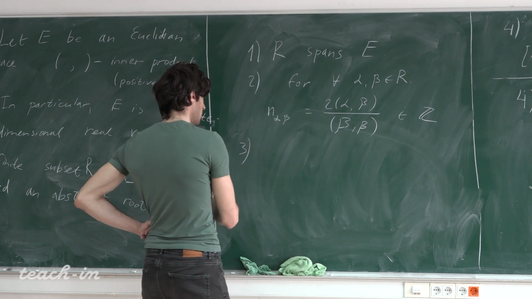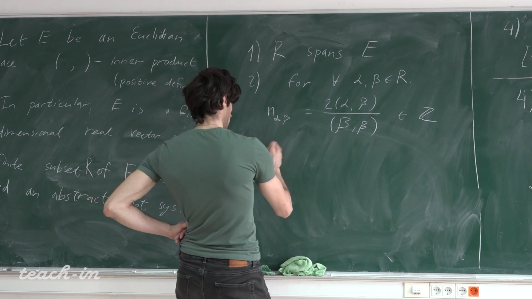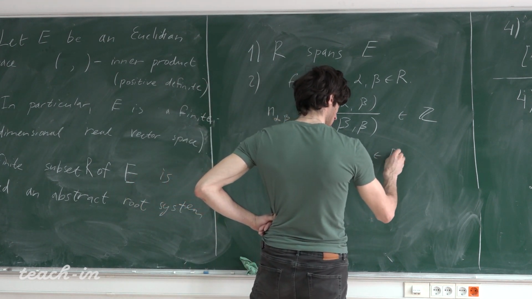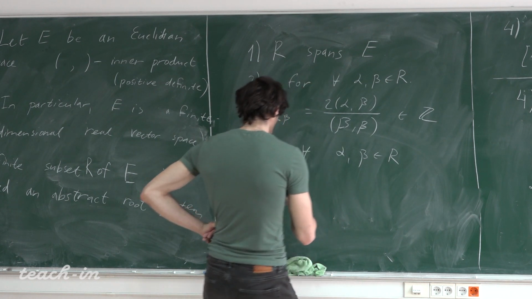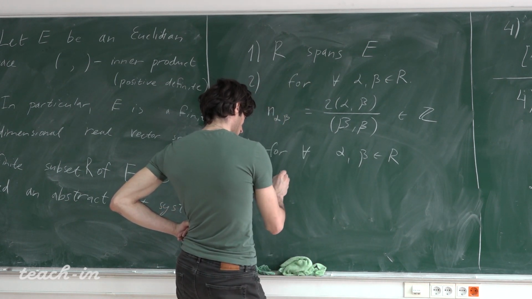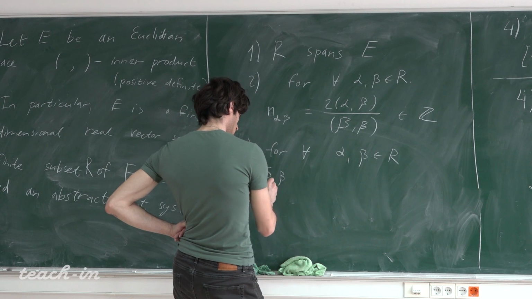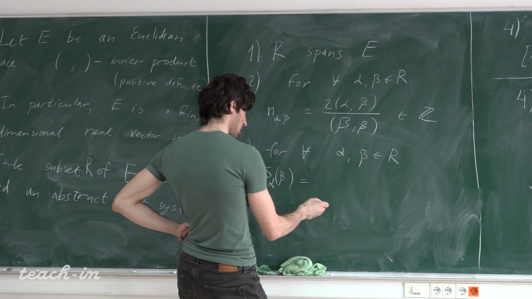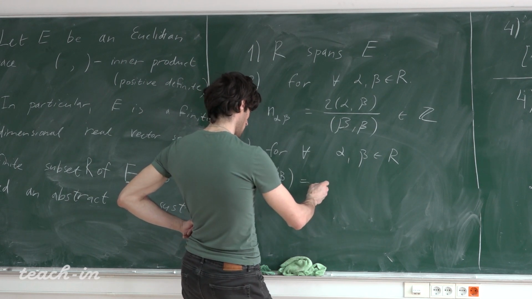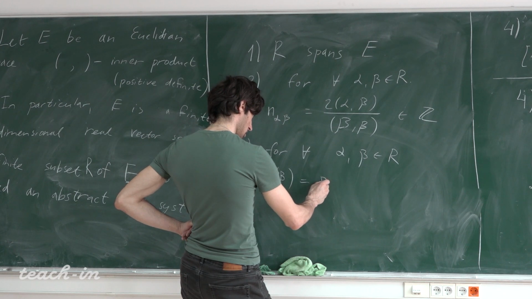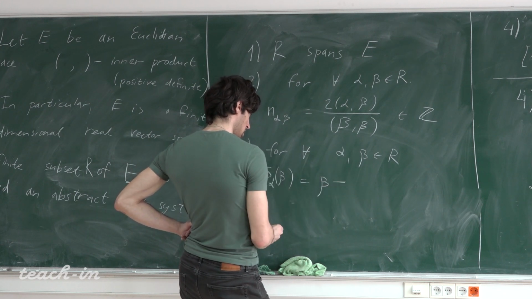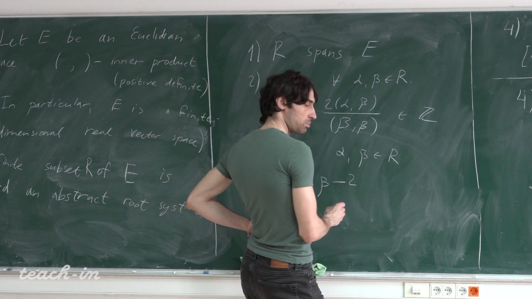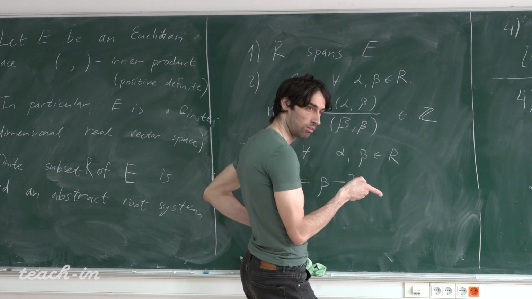And 3, for any pair of roots alpha and beta in R, if you take beta and reflect it with respect to alpha. So what does it mean? Just explicit formula. You take beta and subtract twice its projection to alpha.